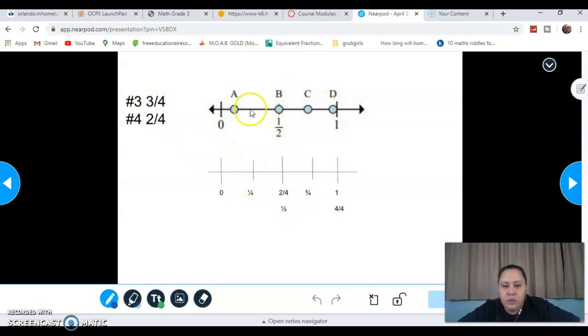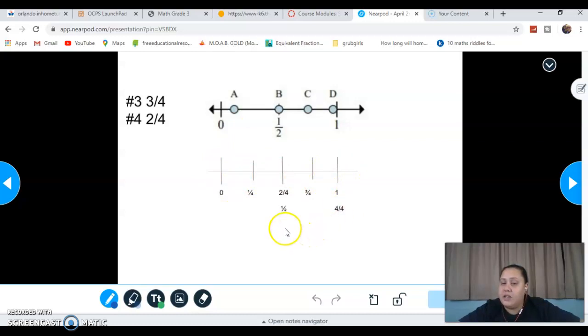Well, which letter is the closest to this 3/4? And if I just pull my arrow above, it's C. And that's how you can figure out which fraction goes in this number line, because they're only going to give you one number line, guys. You have to figure it out by drawing another number line and comparing it.